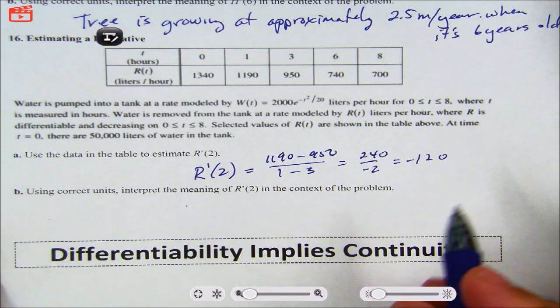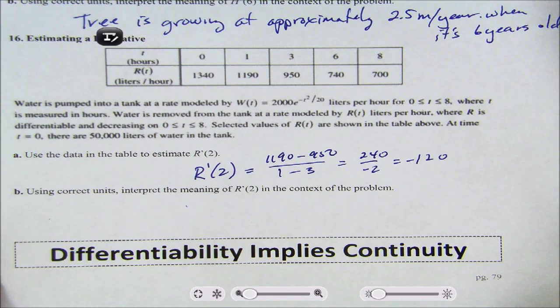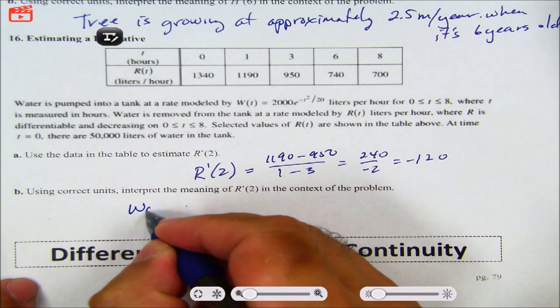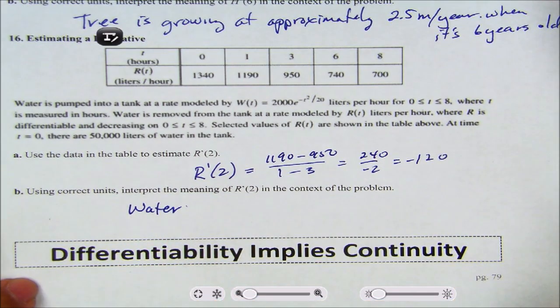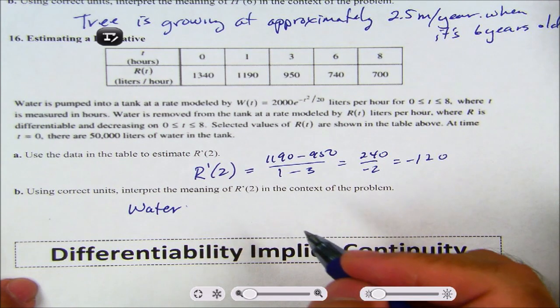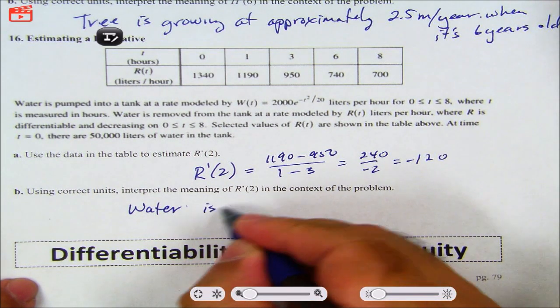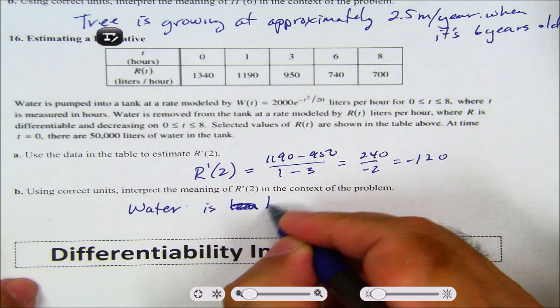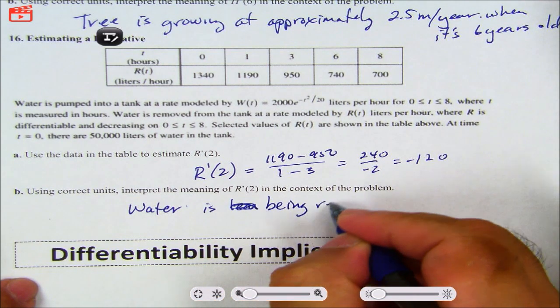So what does r of t represent? Water is removed from the tank, in liters per hour. So r prime of 2 is water being removed from the tank.